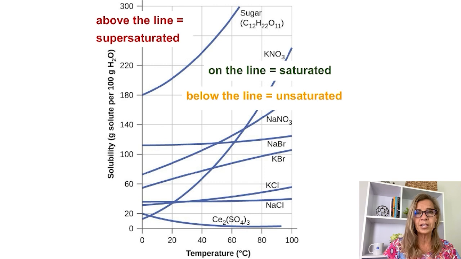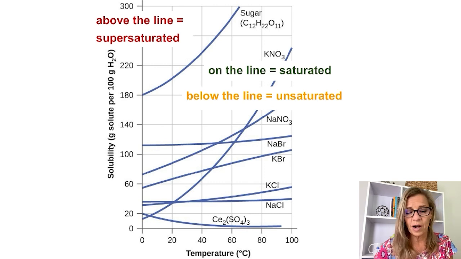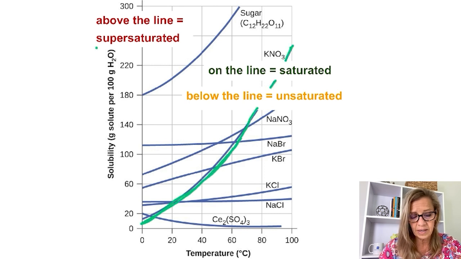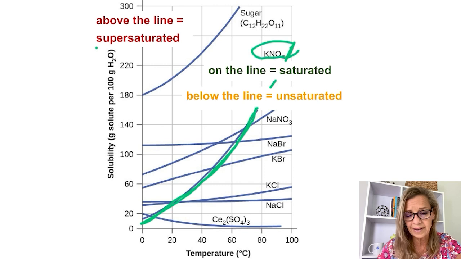You will probably be using a table like this. What do these lines mean? There are a couple terms. If you are below the line, let's do the potassium nitrate line. There's a lot of substances on each graph.